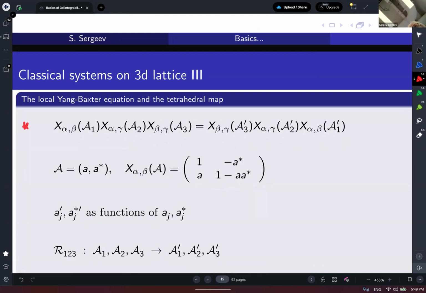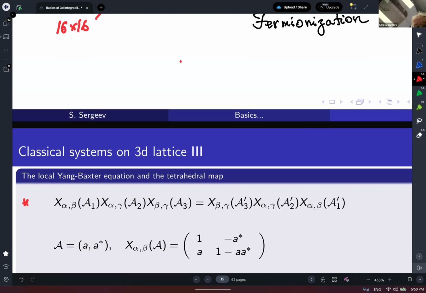You can replace all x by L. And we remember that the model we start with, we used fields A, alpha, beta, such that, by red color, I don't like red color, A12 equals A3, A21 equals A3 star, and so on. But later, suddenly, I decided to use small letters.